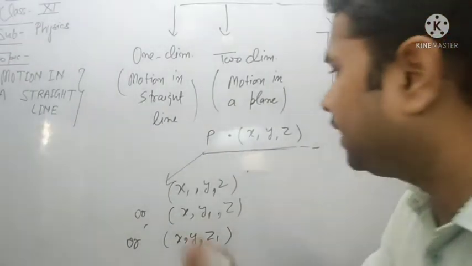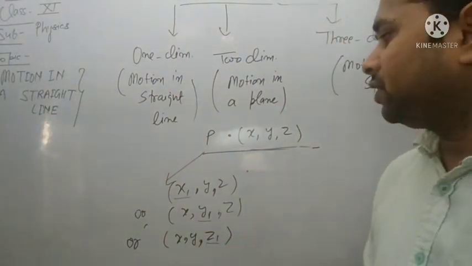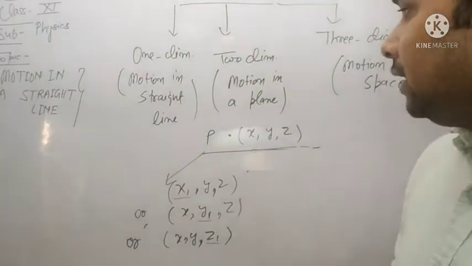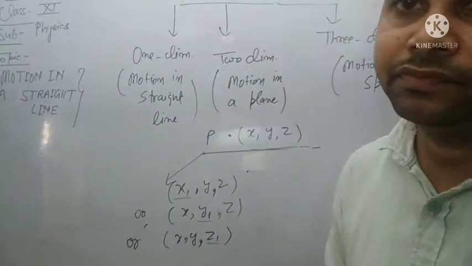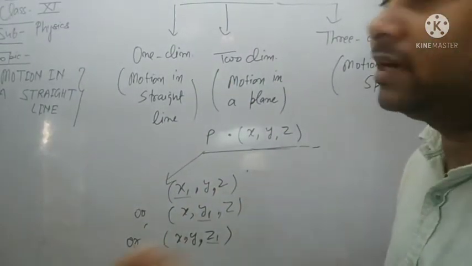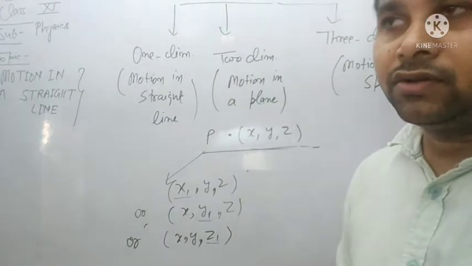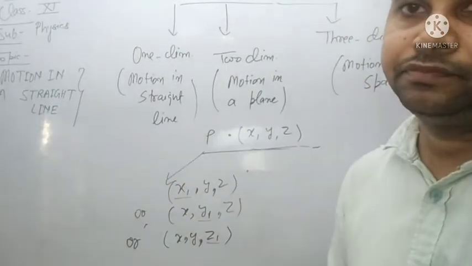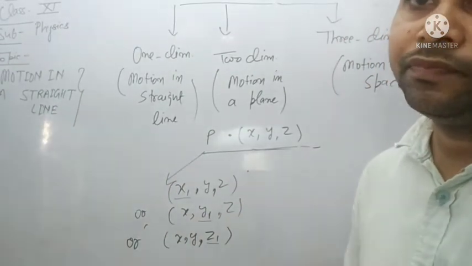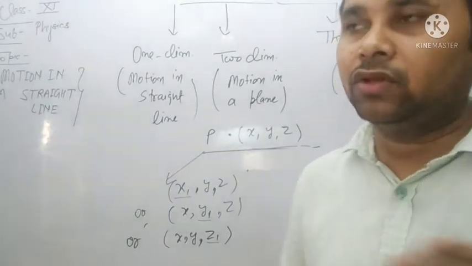So any one coordinate changes with respect to time, then the motion is said to be in one dimension, motion in a straight line. For example, a train moving on the railway lines, or a person moving on a straight path.